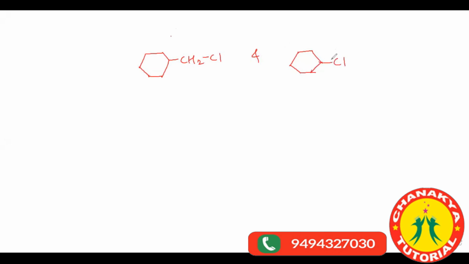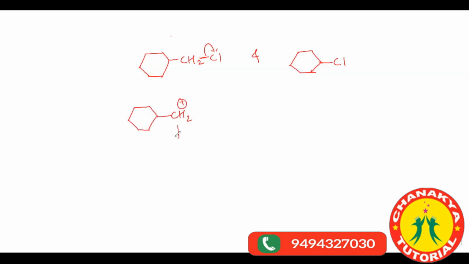Ma'am, the first one will undergo SN2 reaction faster. Why? Because there are more hydrogens, so the reagent can attack from either side easily. If you depart this Cl, you will get CH2 with positive charge, correct?